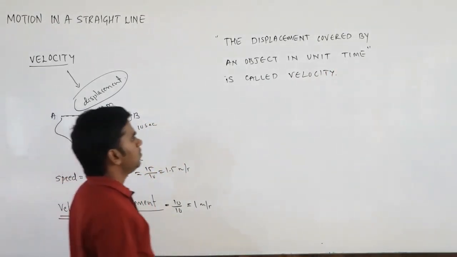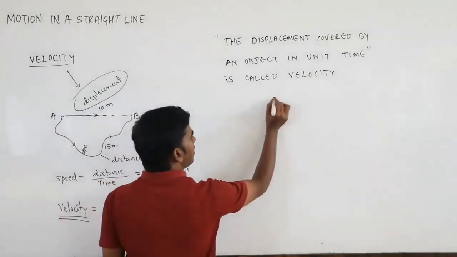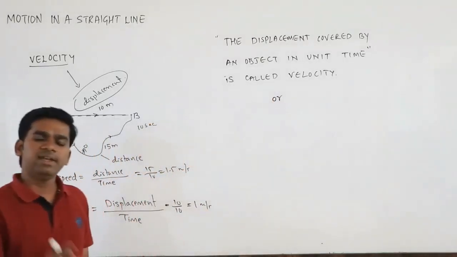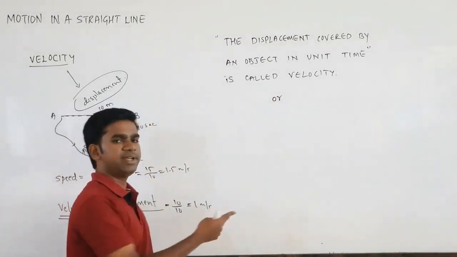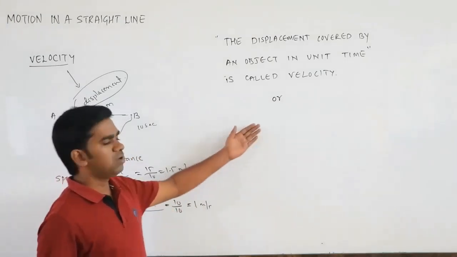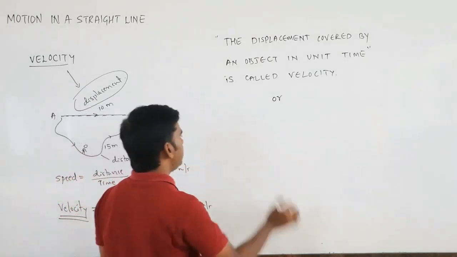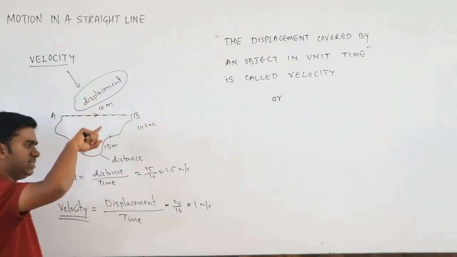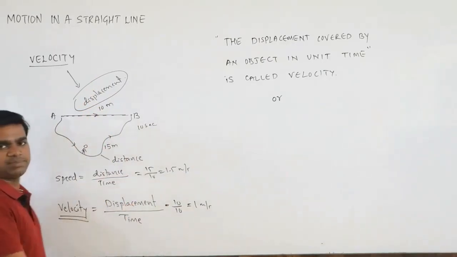Now, you can define it like this also. You defined speed in two ways, so velocity also you can define in two ways. One more is the rate of change of, there we used distance, now we have to use displacement.